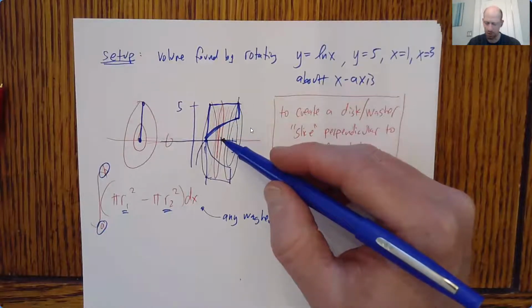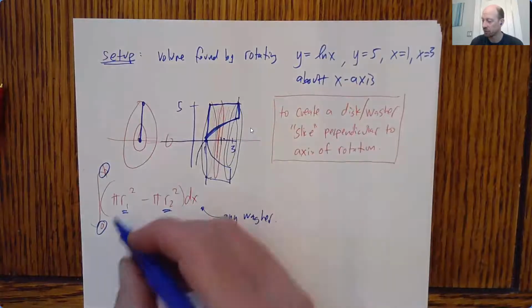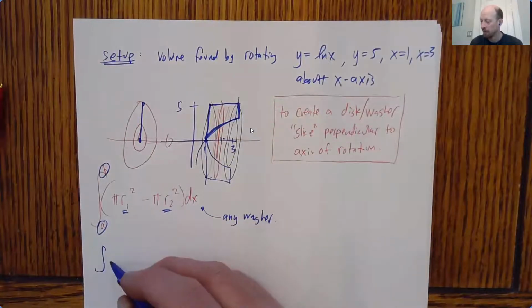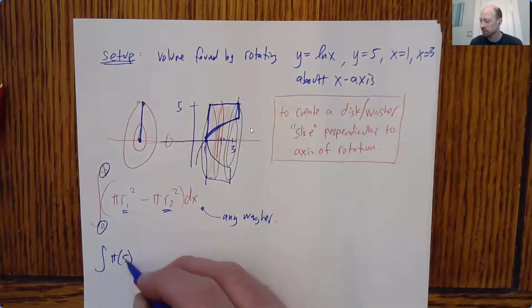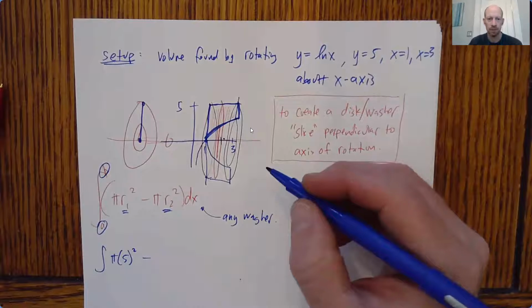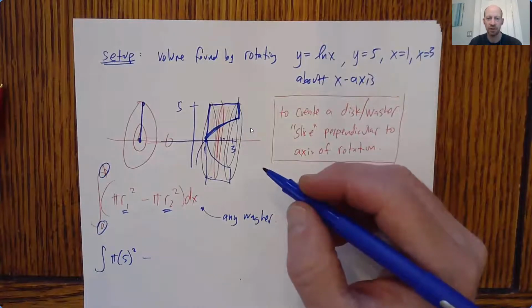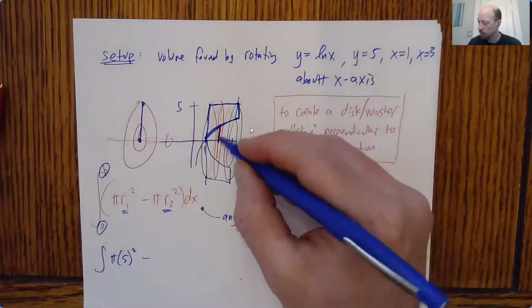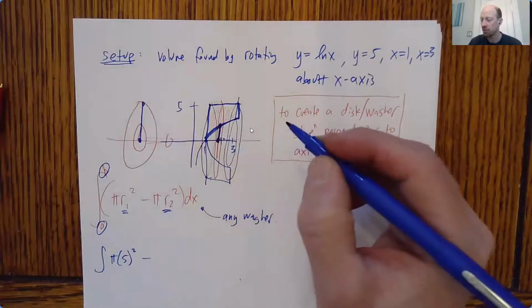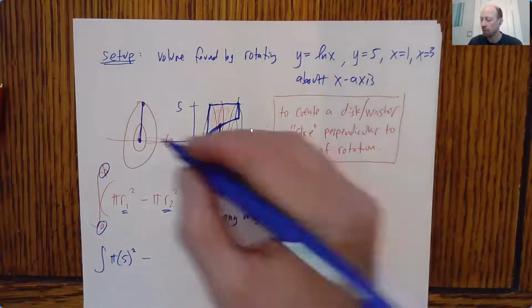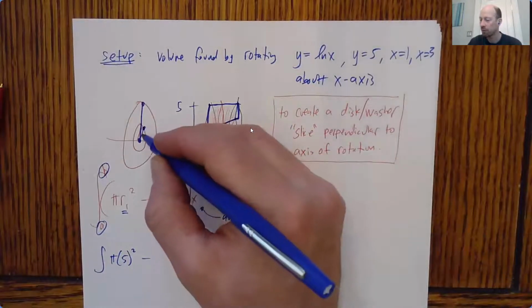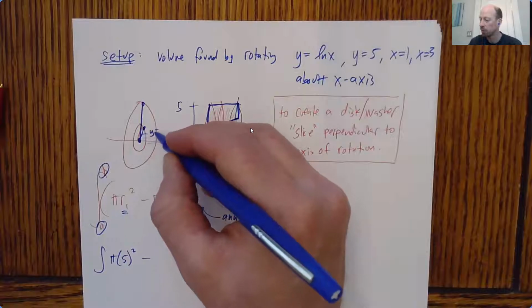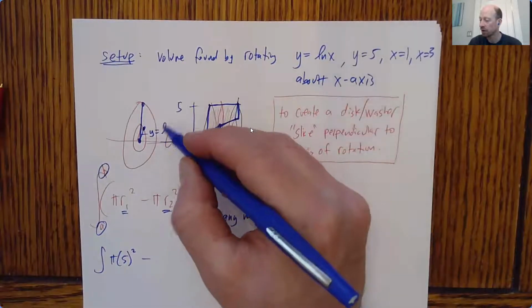So this is just 5 minus 0, so that's going to be 5 squared. Right? This outer radius is consistent all the way through, but the inner radius changes. That's the inner radius. Just like before, right? That's the y value, and the y value there is the natural log of x.